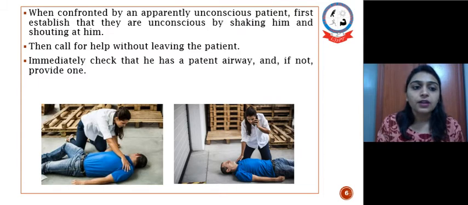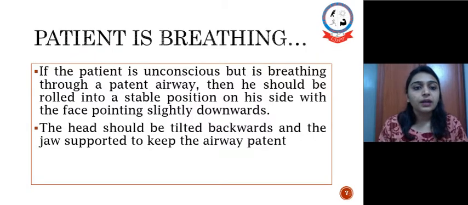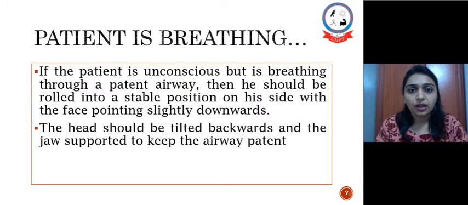After that, we need to immediately check whether the patient has a patent airway or not. If not, we need to provide it. The patent airway can be provided by tilting the head upward and lifting the chin.